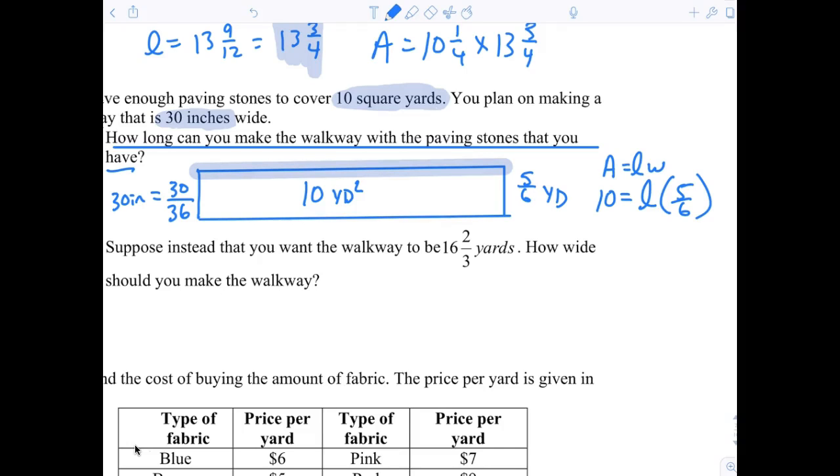All right, so now I'm trying to work backwards here. So what do I have to do to work backwards? Very smart. You're going to have to divide. Now, why do I divide? Divide both sides by what? 5/6. So your length is equal to, everybody do 10 on your calculator, divided by 5 ABC 6.